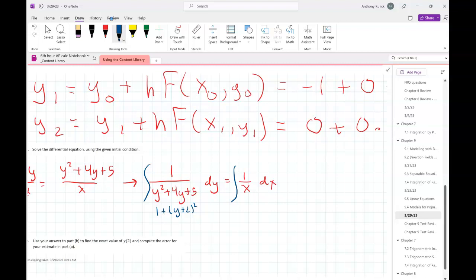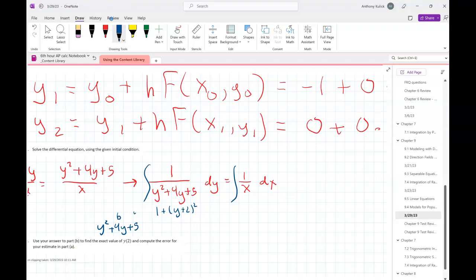Where did we add the 1? We added it to 5. I just broke the 5 up into 4 plus 1. So this is my b, right?